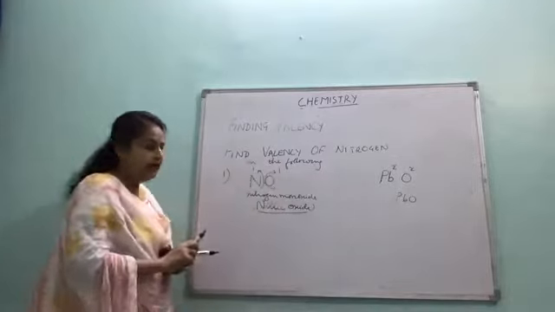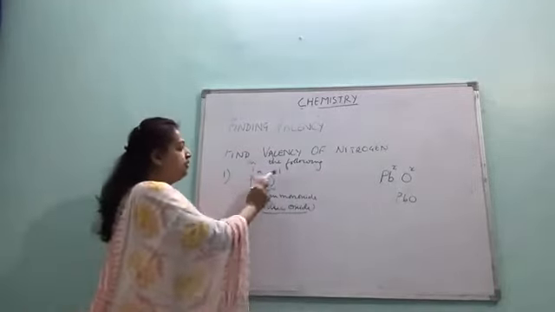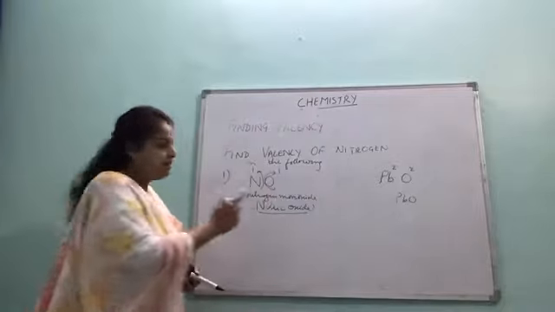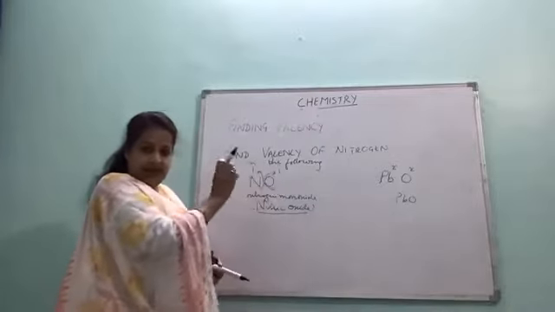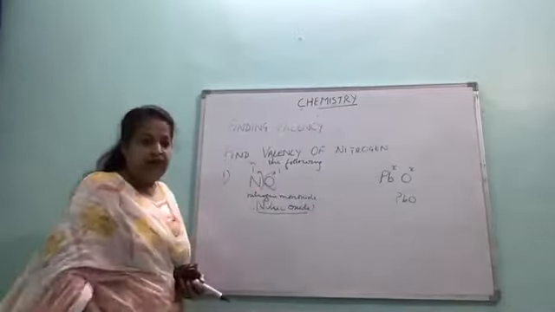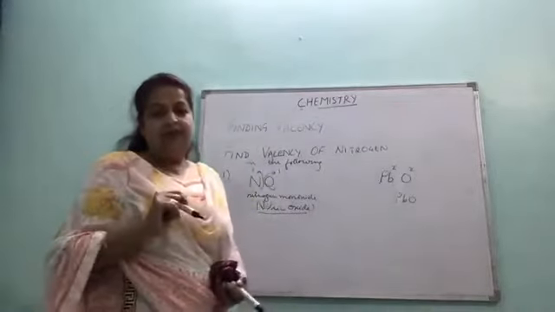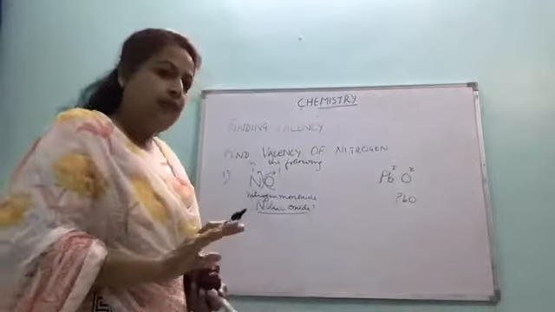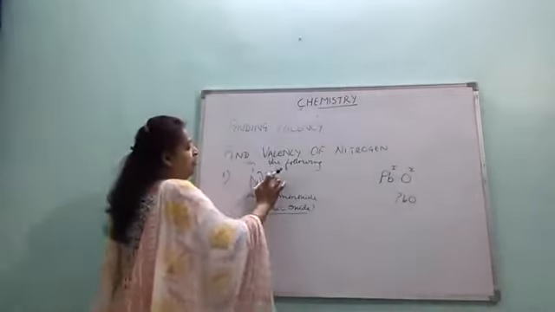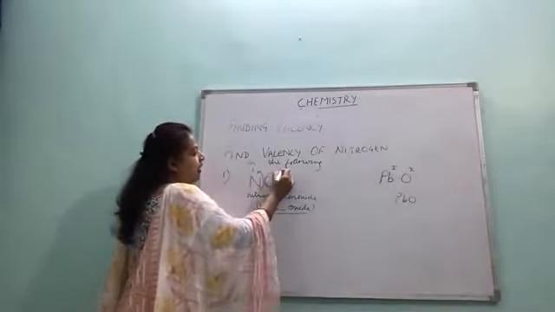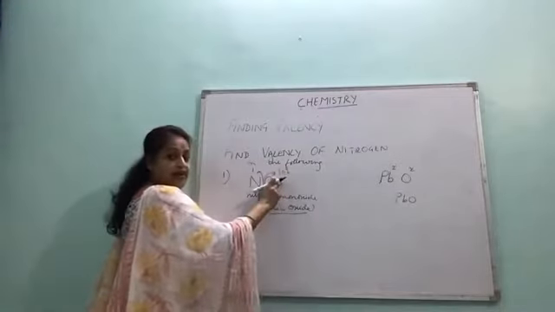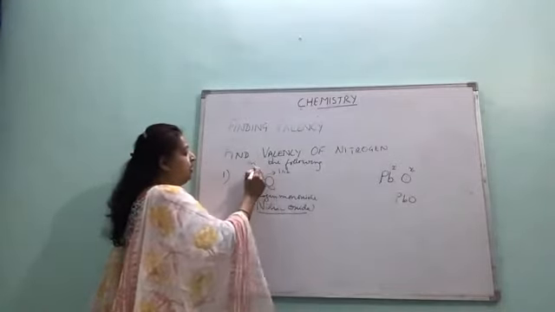According to this, the valency of nitrogen should be 1 and oxide should be 1, because it is not oxygen, it is oxide, in the combined form. But oxide valency is never 1, it's fixed, it is 2. So to make it 2, I have to multiply by 2. But I can't just multiply this one, I have to multiply this one also.